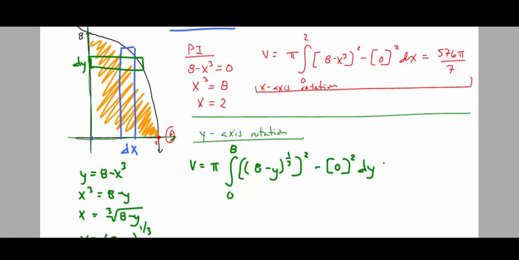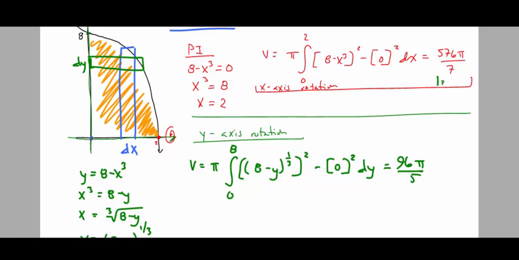Now if you run through your integration here, you'll end up with 96 pi over 5. So if you want to compare these to say which one is larger and smaller, you can clearly see that the 576 pi over 7 is going to be the larger one. So rotating this about the x-axis creates a larger volume, I should say, not area but volume.